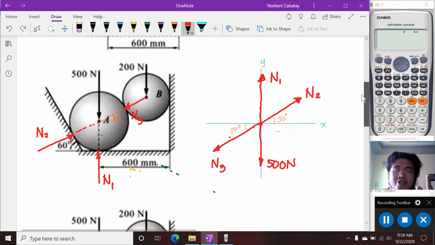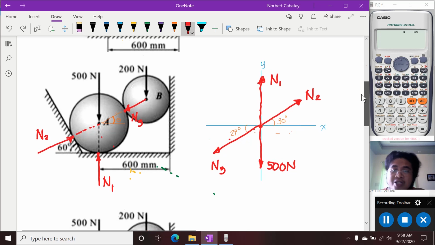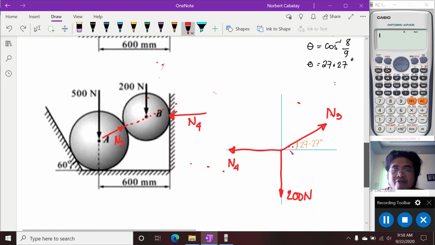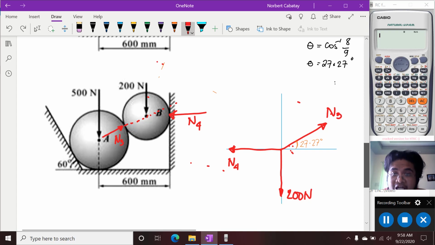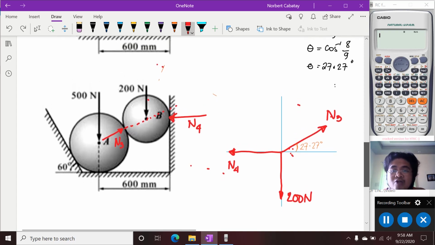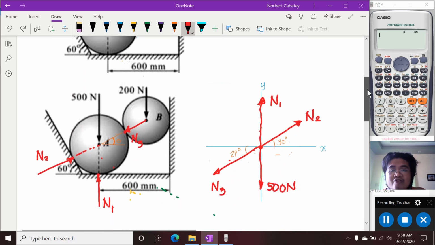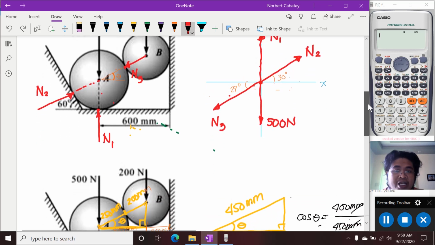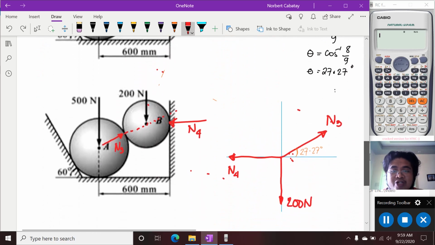Dalawa lang ang equation na pwede natin makuha dyan, kasi yung summation of forces X and summation forces Y. Samantalang dito, dalawa lang yung nawawala. So you can solve for N4 and N3 dito. Tapos pag nakuha mo na yung N3, you can solve for N2 and N1 dito kasi alam mo na yung N sub 3. So sa FBD ni A. So dito muna tayo mag-start.